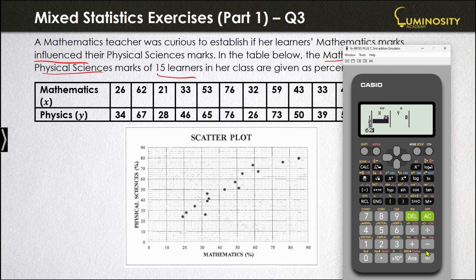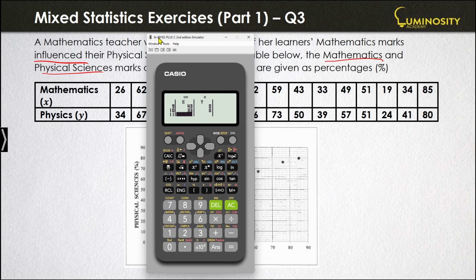26, 62, 21, 33, 53, 76, 32, 59, 43, 43, 33. Okay, so I'm running out of space there, so let's move across there.